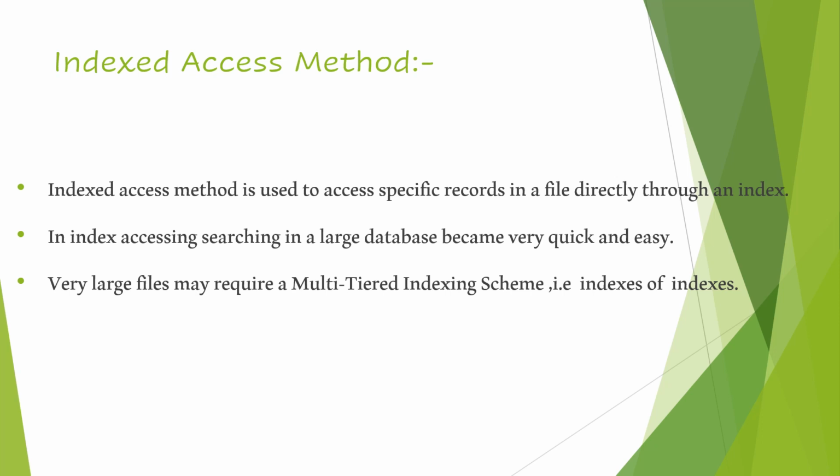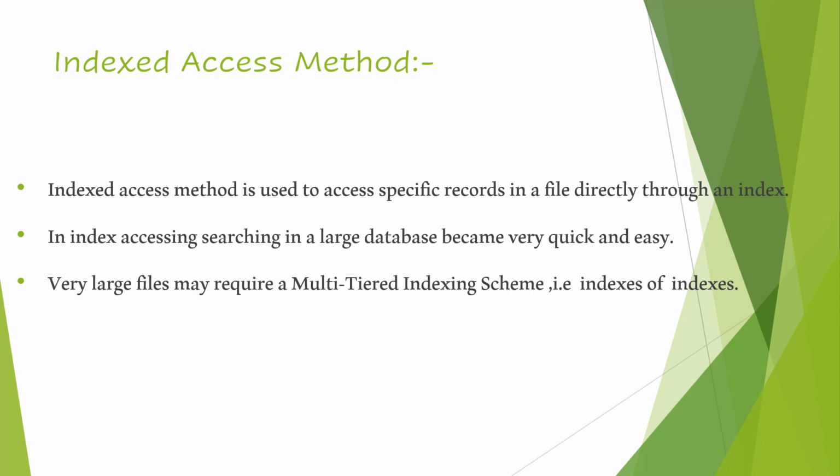And by using the indexes, we can access the records. In index accessing, searching in a large database becomes very quick and easy. To find a record in a large database, we first search the index. So it makes it easy to find the record.